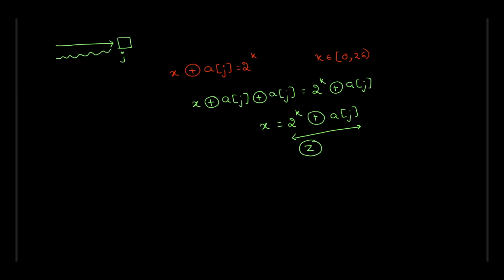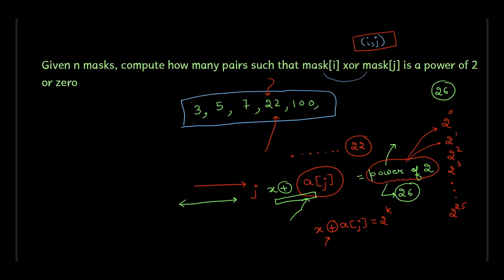So the question is, how many elements have you seen on the left hand side whose value is equal to z? And that part you can easily maintain by keeping a map. You keep a map with the frequency count of the elements that you have seen so far. This is a very standard trick. And this way you can solve the problem.